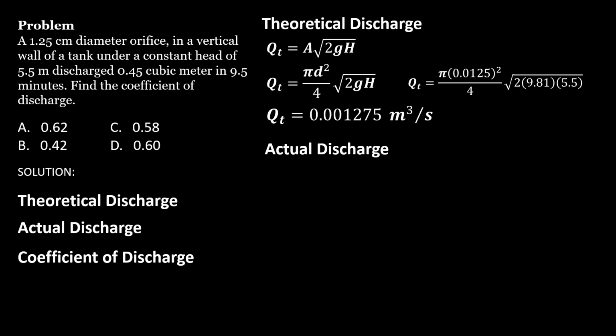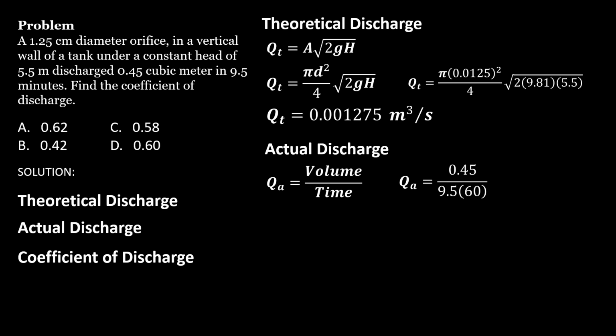Since we have already computed the value of theoretical discharge, we can now start computing the value of our actual discharge. And of course, our formula for computing the actual discharge is volume over time. In doing the substitution, we have Q sub A equals 0.45 over 9.5 times 60, because we have to convert minutes to seconds.